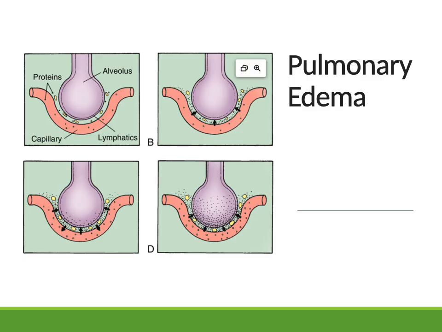And a little bit of fluid that may accumulate is removed by the lymphatic system. But this is compromised in patients that have heart failure. They're not able to remove the fluids.